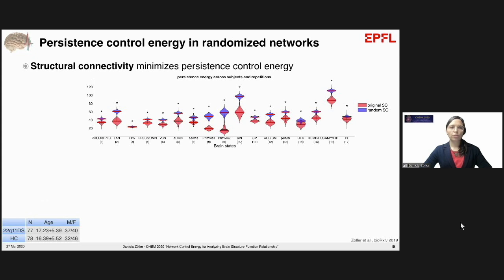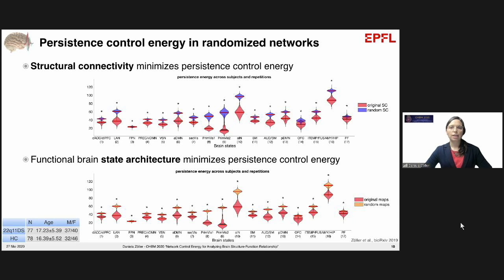So the structural connectivity of the brain in any subject is wired in a way to minimize persistence control energy.